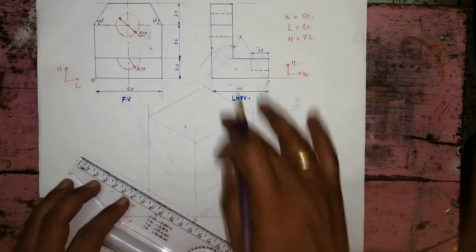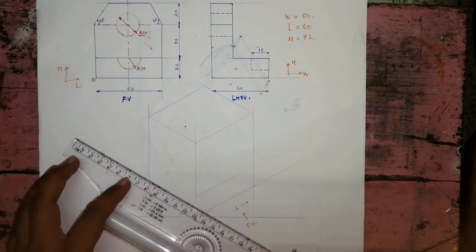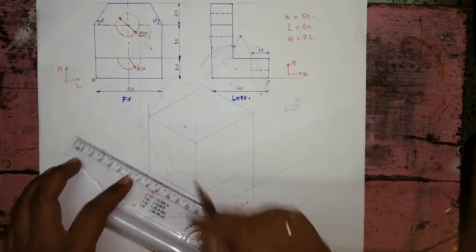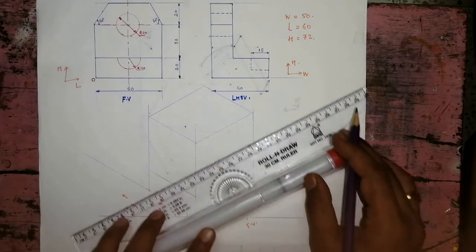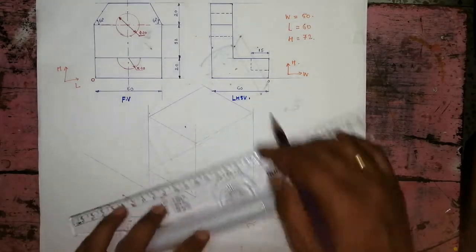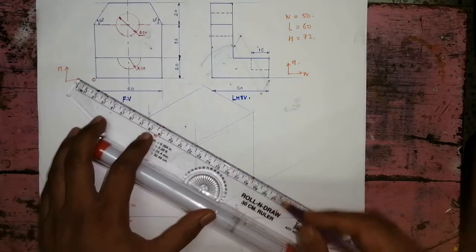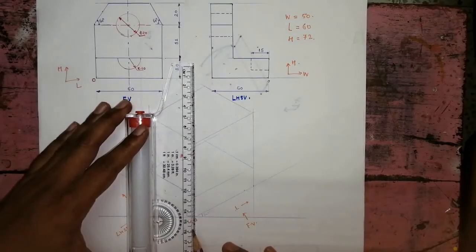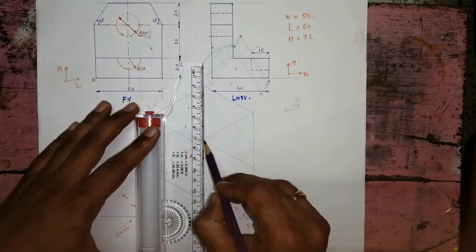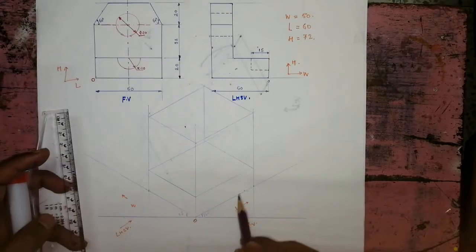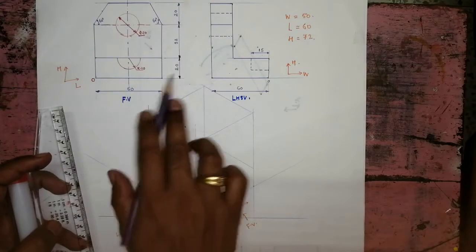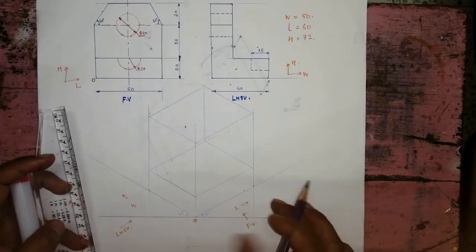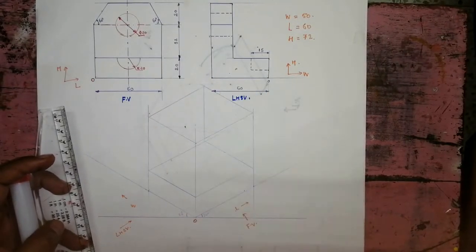Okay, and width is how much? 50. So we'll start with the foundation block. Okay, so construct these three-dimensional blocks by drawing the three axes, or the three dimensions, length, width and height. Okay, so we have created the bottom block of 20 height, 60 length and 50 width.